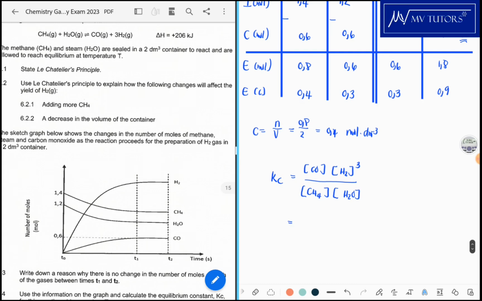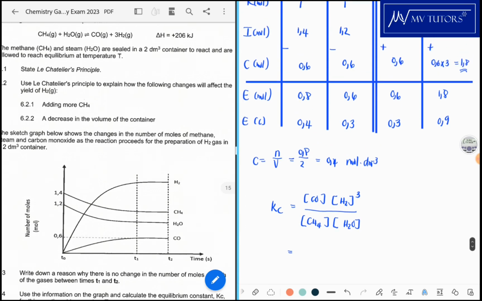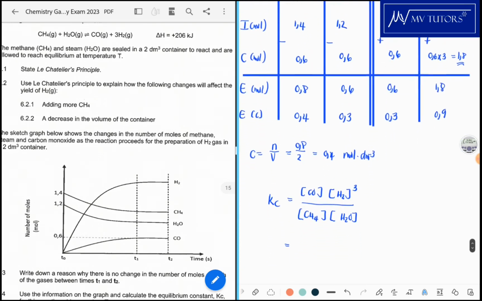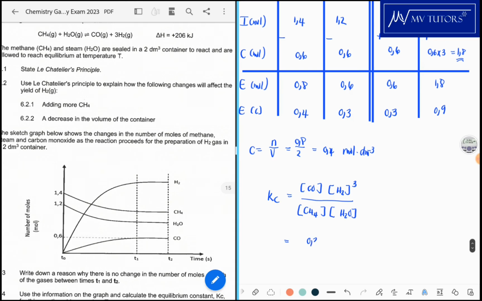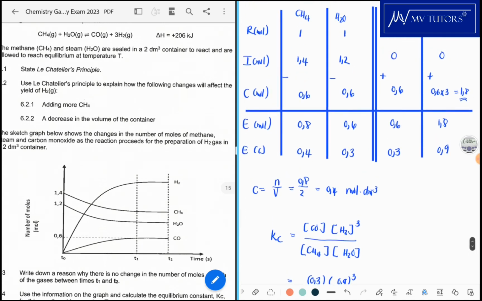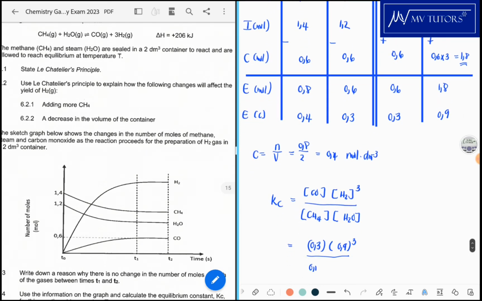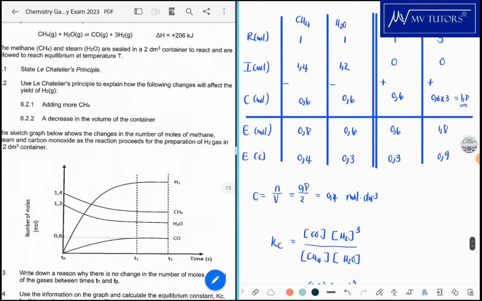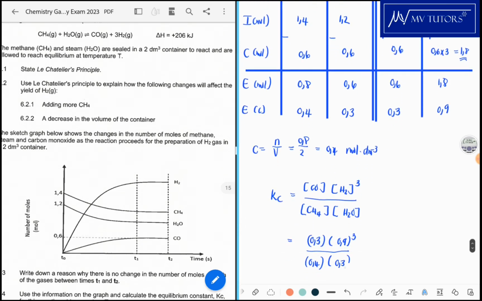Now we take the concentration of carbon monoxide, which is 0,3, and hydrogen, which is 0,9 to the power 3. For methane, we have 0,4, and for steam, we have 0,3.